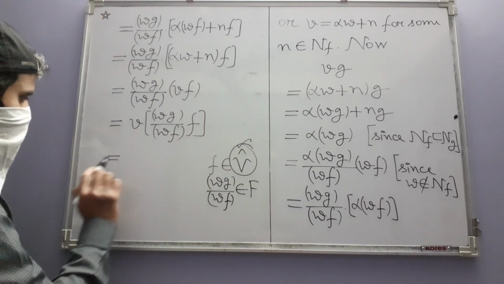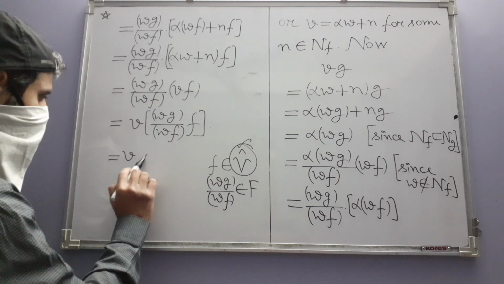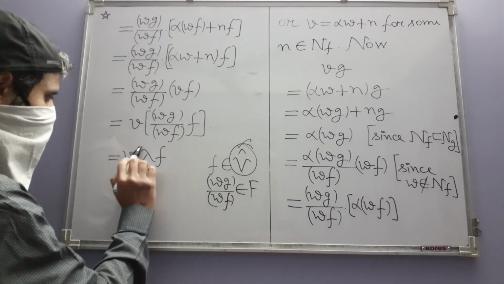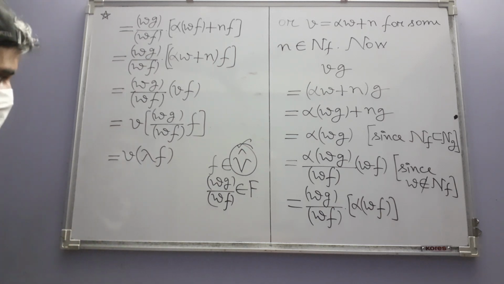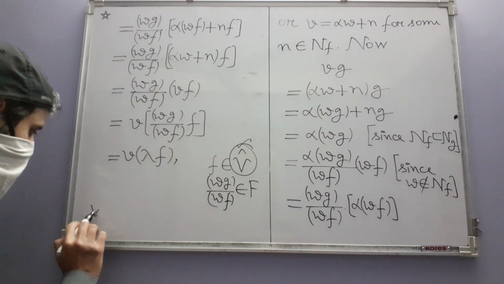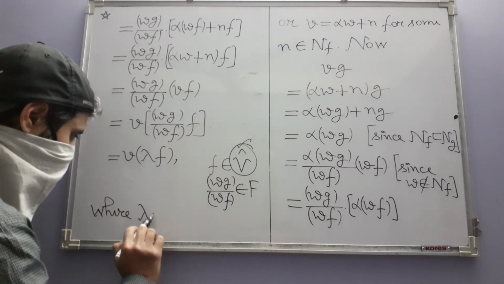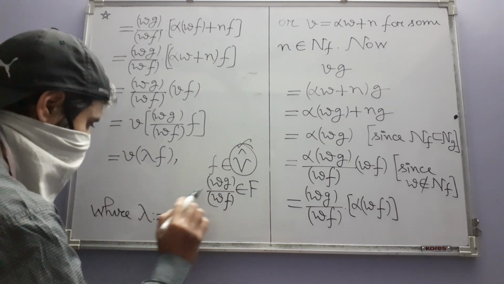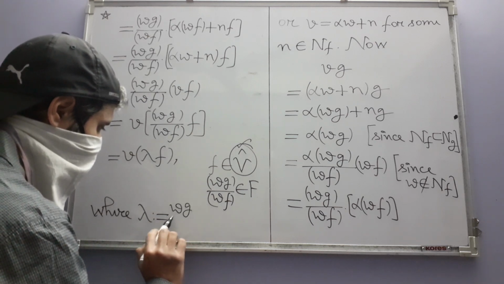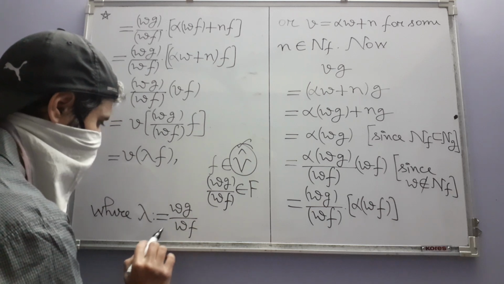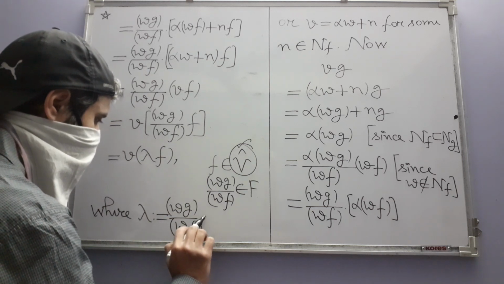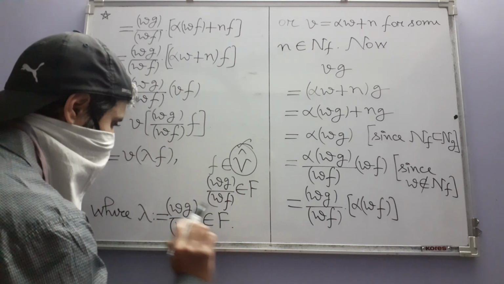So that's why this is equal to v times lambda f, where lambda is this w_g divided by w_f, and definitely it's a scalar.